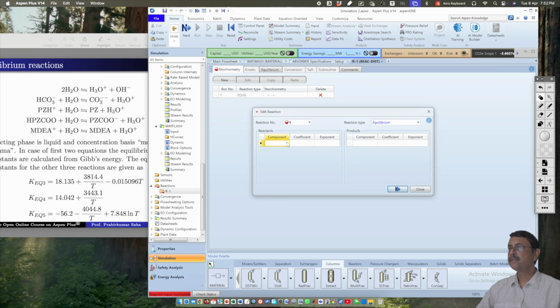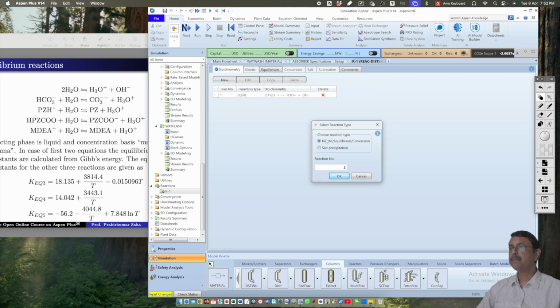So it is H2O plus H2O going to H3O plus and OH minus. Both of them are 1.